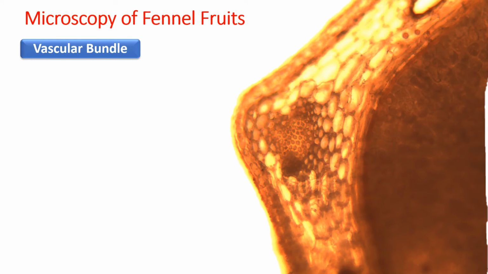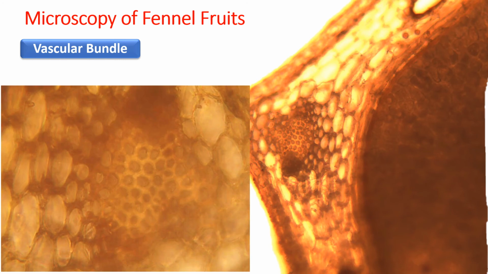About the vascular bundles, as we have seen, vascular bundles are the major cause for generation of the ridges over the surface. This is the transverse section of the entire vascular bundle. It houses a compactly arranged phloem, and these two are the xylem regions.